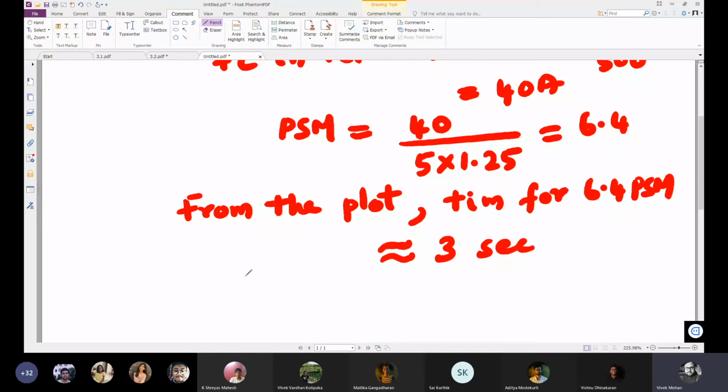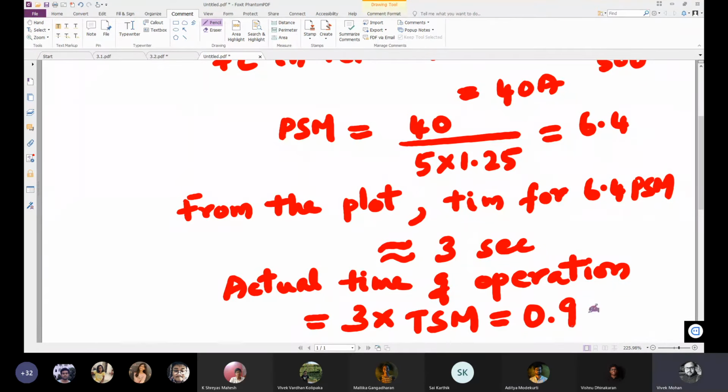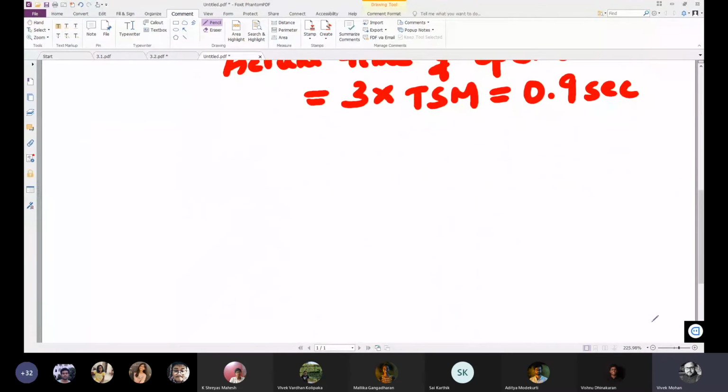So actual time of operation equals 3 into TSM, which equals 0.9 seconds. Now for relay 2.